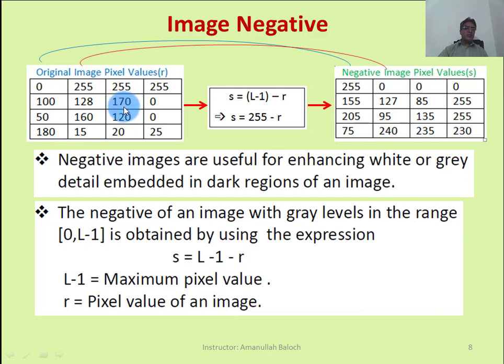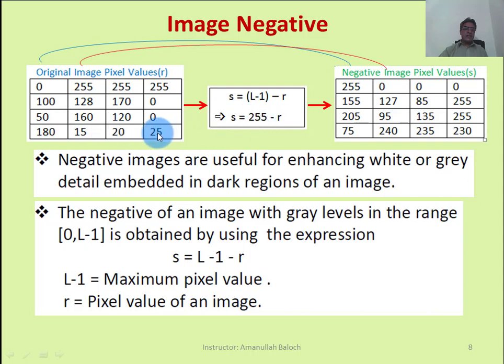So when we put 100 here, 255 minus 100 becomes 155. So the first pixel value of the second line becomes 155, because 255 minus 100 becomes 155. This is the output image pixel value transformed by this transformation function.